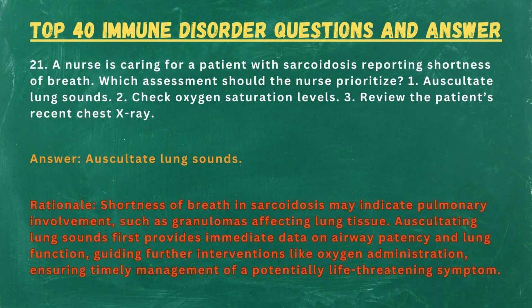Rationale: shortness of breath in sarcoidosis may indicate pulmonary involvement, such as granulomas affecting lung tissue. Auscultating lung sounds first provides immediate data on airway patency and lung function, guiding further interventions like oxygen administration, ensuring timely management of a potentially life-threatening symptom.